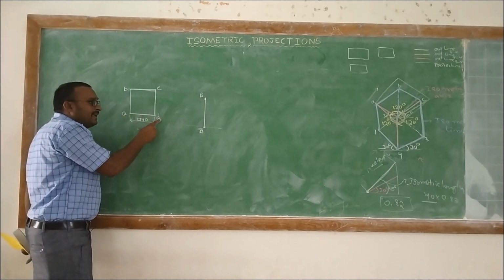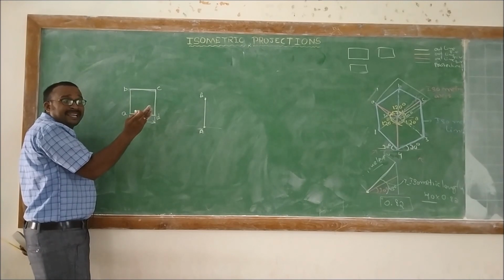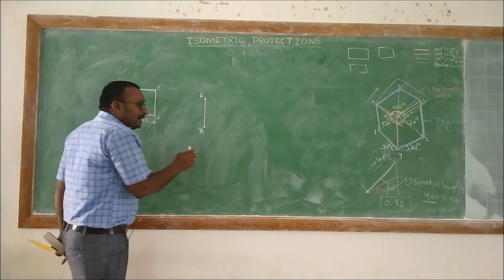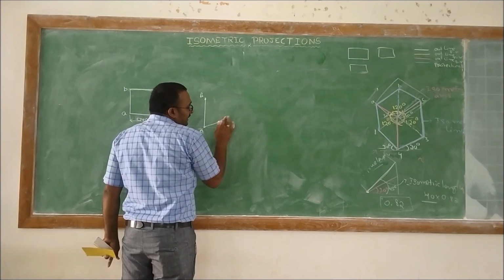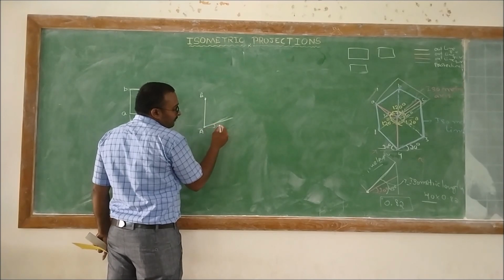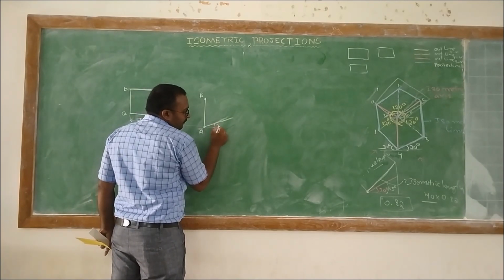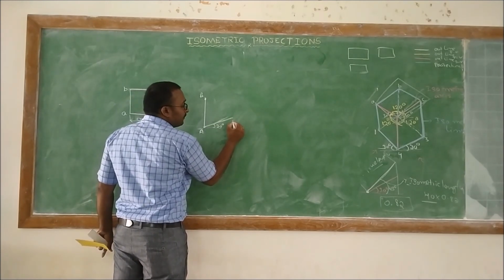And AD and BC are the horizontal lines, so we need to tilt them at an angle of 30 degrees to the ground, right? So here we are going to construct a 30 degrees inclination line. Here it is D.